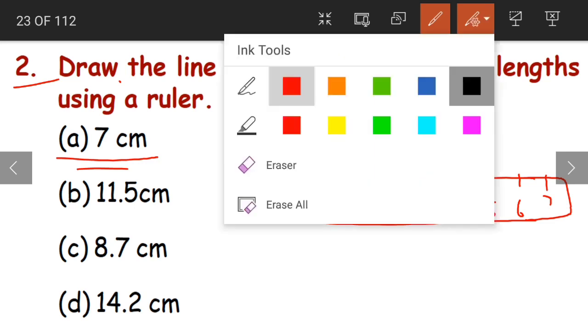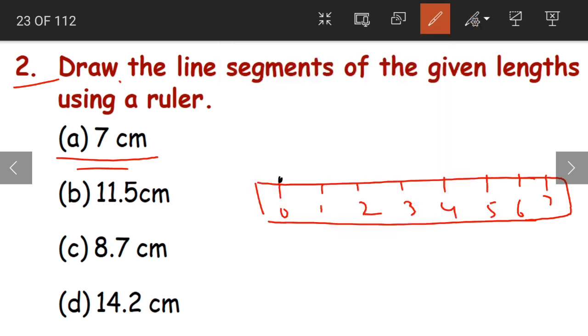So, always the first step would be to mark a point at 0 centimeters and name it as something, say X. Now, the next step is dependent on the given length. The given length is 7 centimeters. So at 7 centimeters we'll mark our other endpoint, that is Y. Yes or no, children?